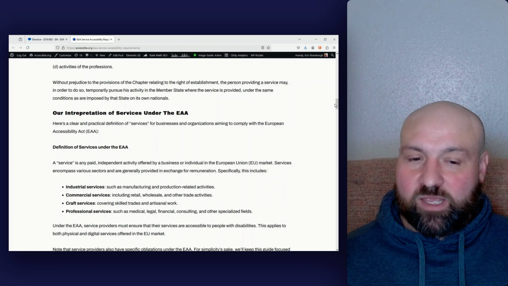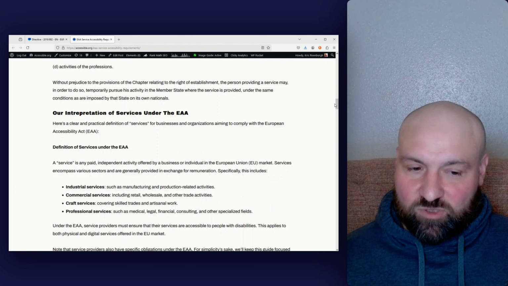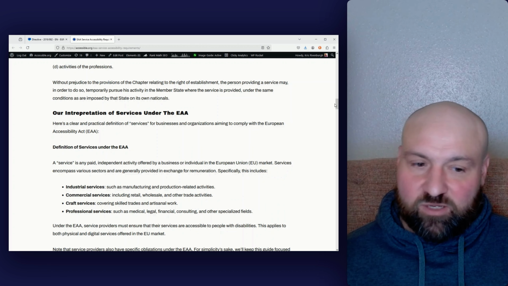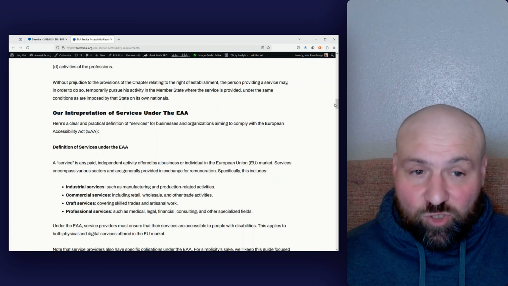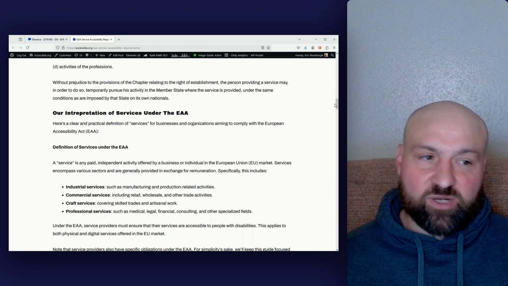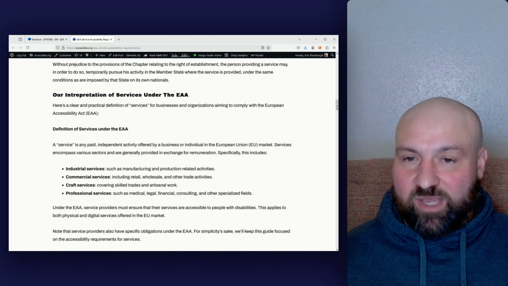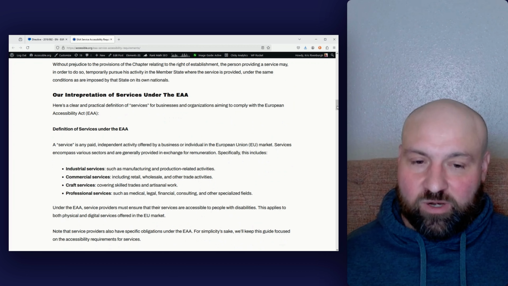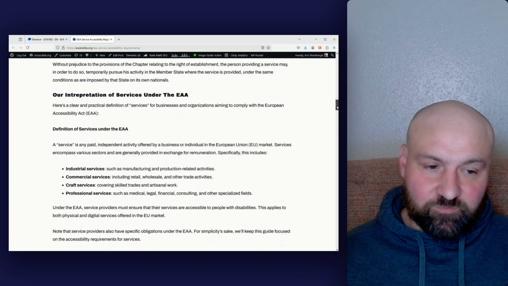So this can include industrial services, commercial services, craft services, so trade and artisanal work, and professional services, so legal, financial, consulting, etc. Now, this is just my interpretation of the European Accessibility Act, but this is really here to help you make sense of not only just the requirements, but whether or not what you are doing, what you are offering, is covered under the services provision.